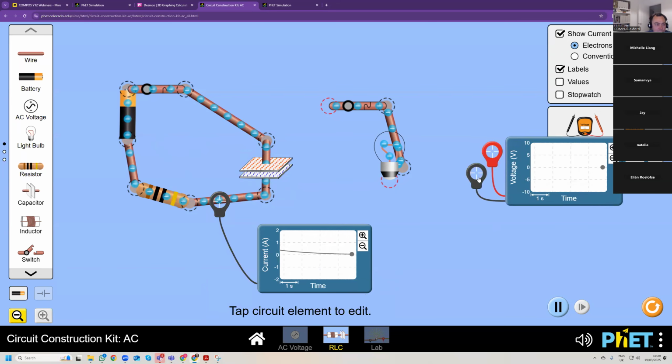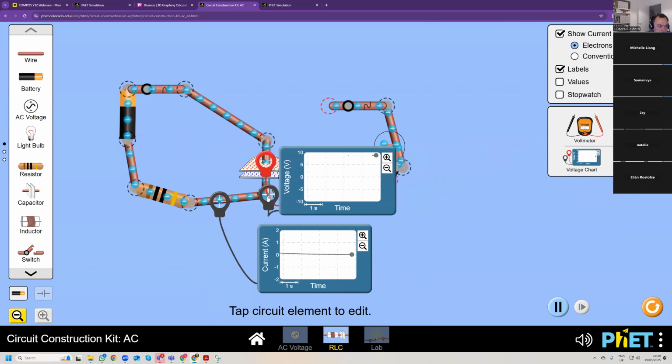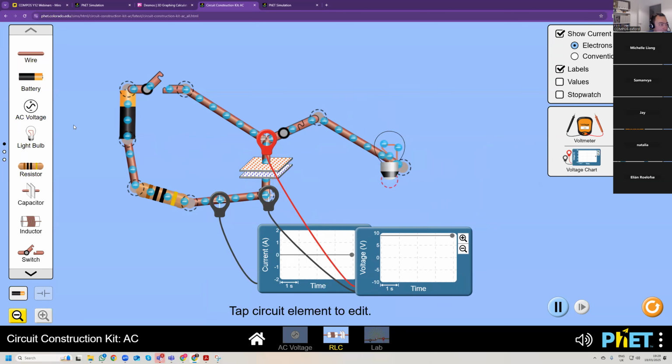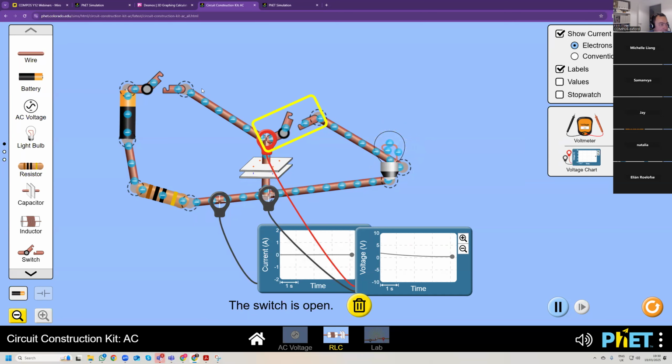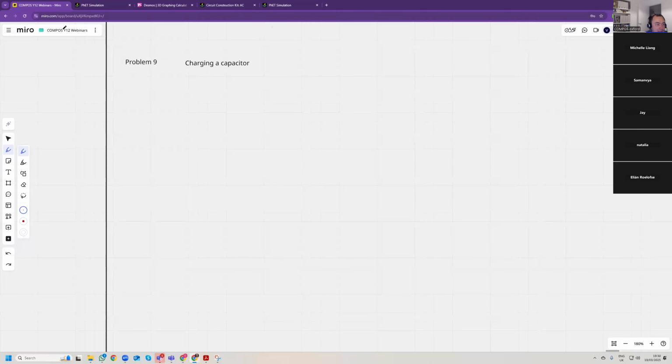And if I put the voltage chart, voltage on the capacitor, once again, I need to discharge the capacitor. Right, okay, so if I start charging the capacitor, you can see that the voltage increases and the current decreases. So I want to know what that equation is.